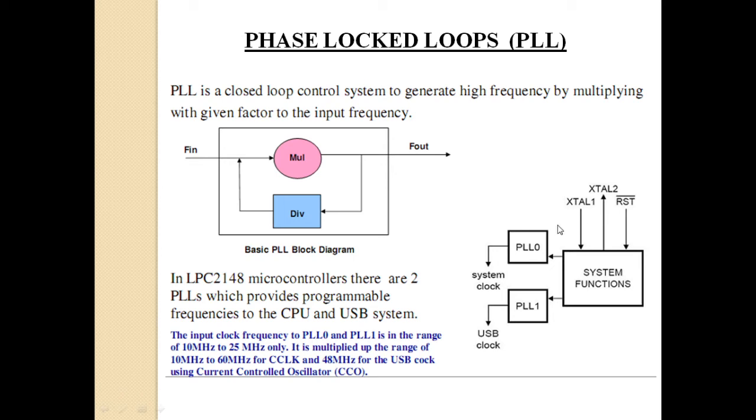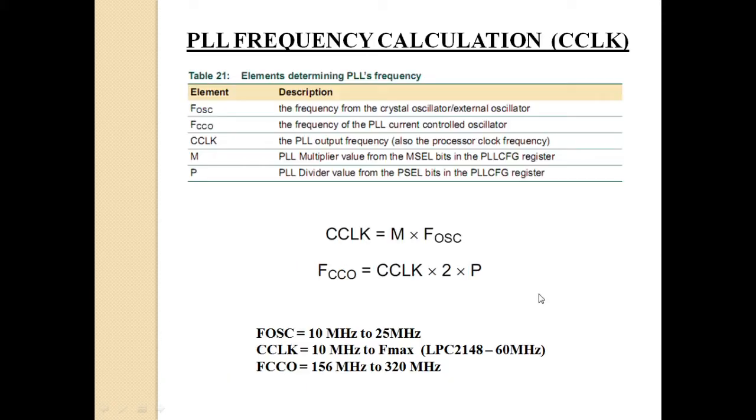So from the 12 megahertz crystal, you will be able to generate two different kinds of clock, right? Then the next step is to calculate the multiplication factor and the division factor. How will you calculate that? There are two small equations for that. In this equation, say for example you need to generate a 60 megahertz frequency output.